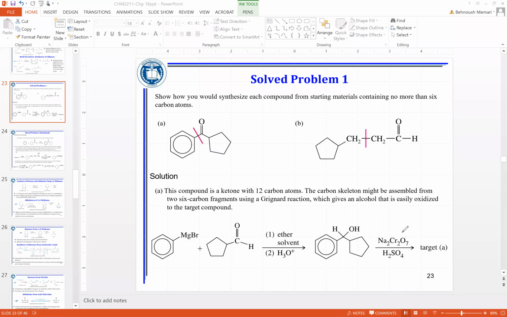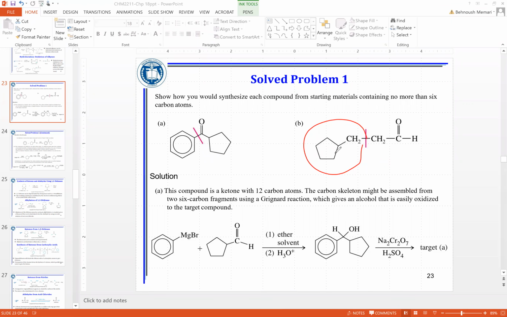For the second compound, which is an aldehyde, you want to make an aldehyde and the restriction is you cannot have more than 6 carbon. So all you can do on this side is keep this 6 carbon here, and you can use this as a Grignard.